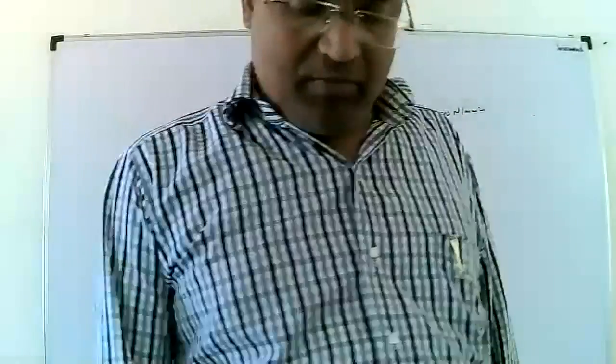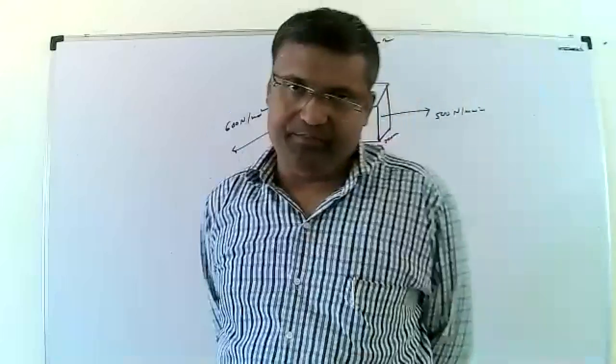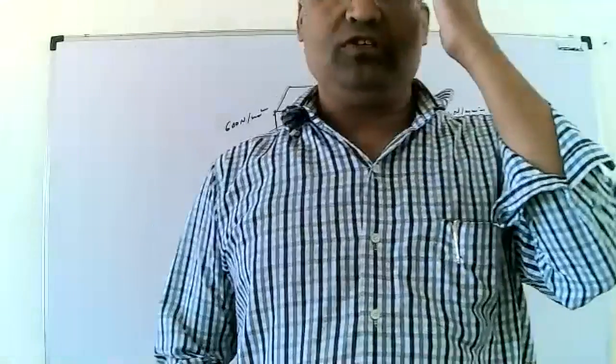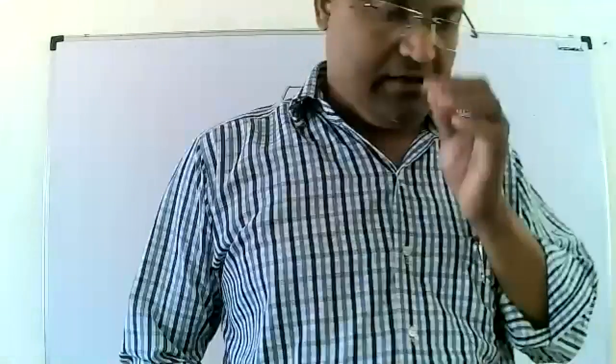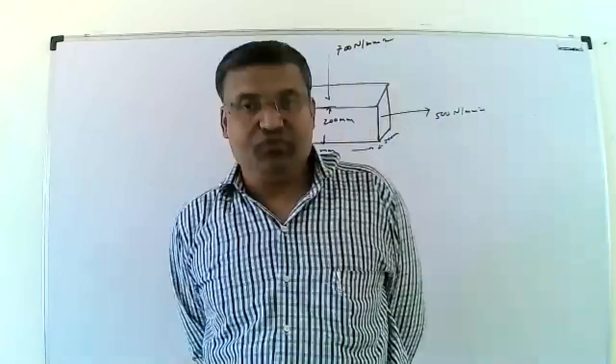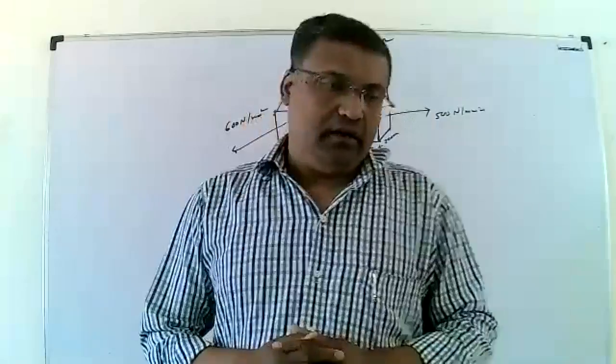In this problem, we need to find out the change in volume of the block. In this diagram, you have to provide Young's modulus of elasticity, 200 gigapascal, and 1 upon m equal to 0.25, meaning the Poisson ratio you have provided.